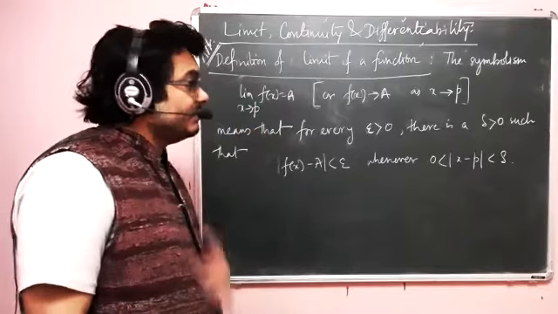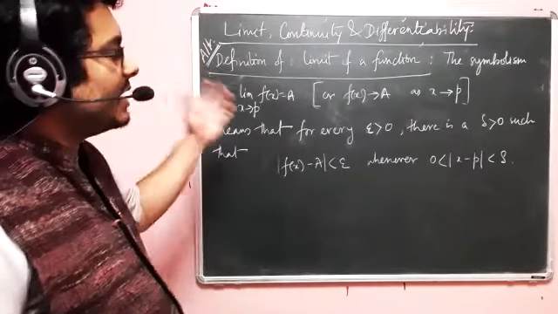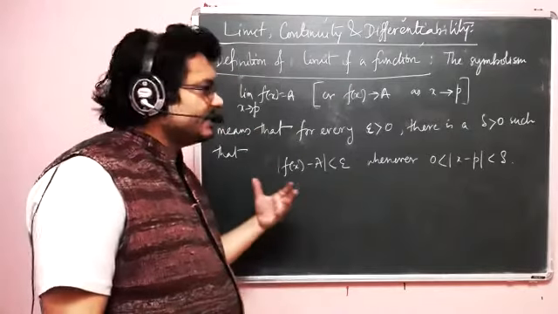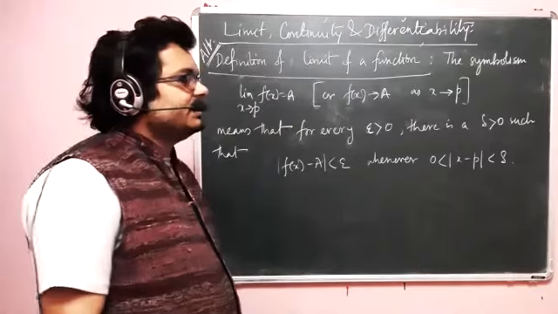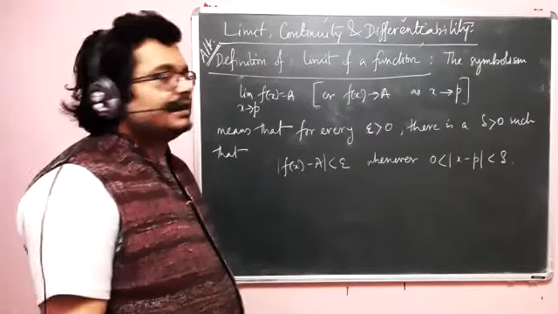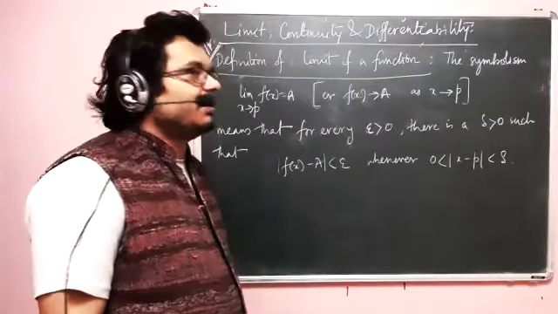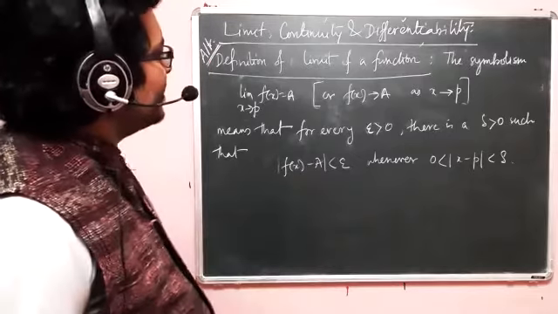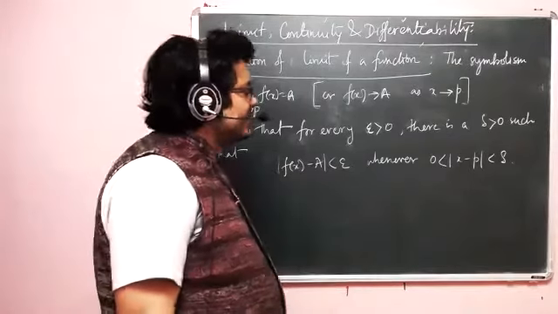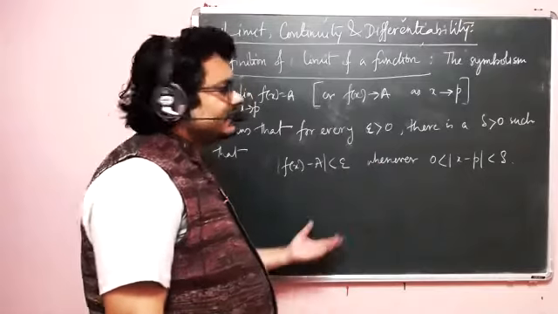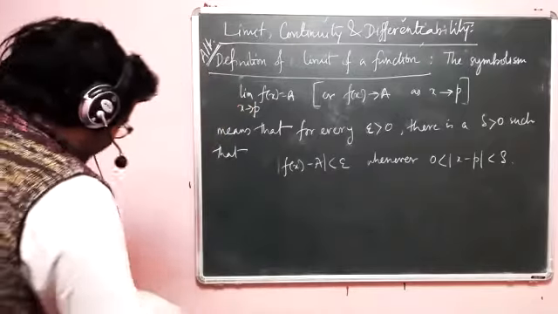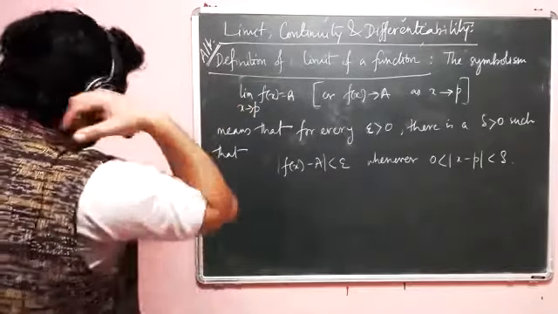Not in the way of right hand limit and left hand limit being unequal, but if I have to disprove something, or the limit is going to infinity, reaching a larger and larger number, in those cases this epsilon delta definition comes to help. It actually makes you understand what you are doing. Otherwise, for simpler problems you know how to solve them.